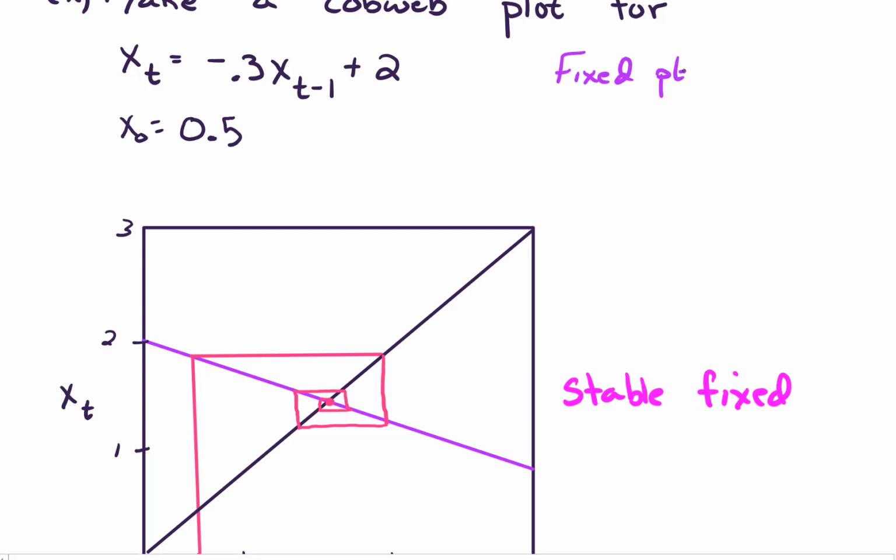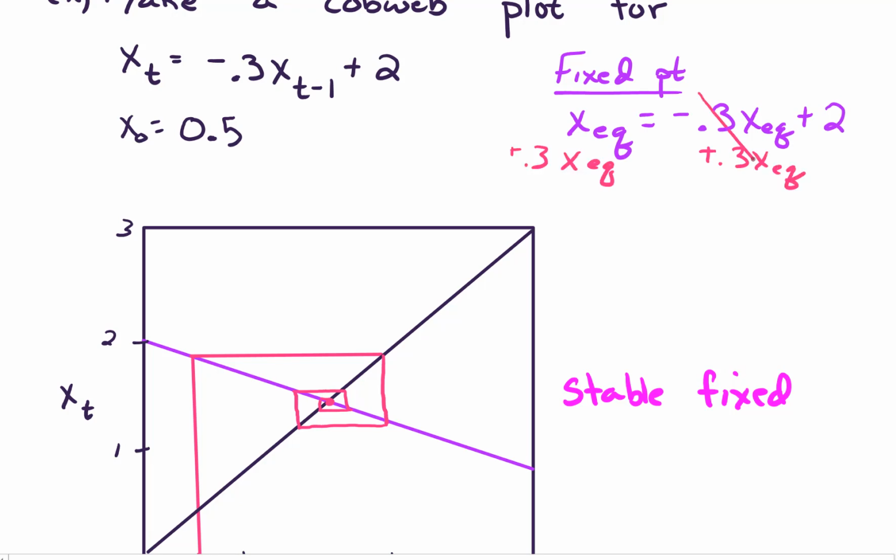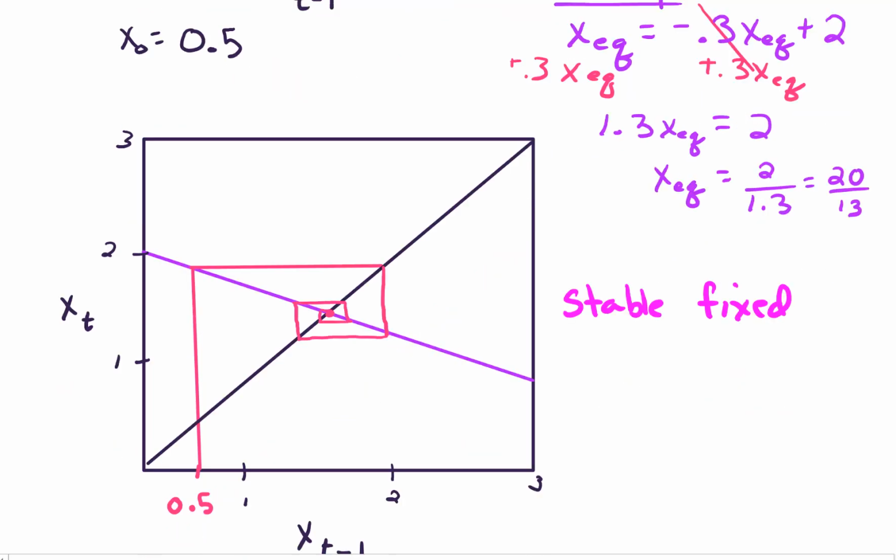Now, if you wanted to, you could also analytically find where the fixed points are. You could do a fixed point analysis, and from our previous video we learned that we would set x sub eq equal to negative 0.3 x sub eq plus 2. Adding 0.3 x sub eq to both sides, we find that on the left hand side we have 1.3 x sub eq equals 2, and solving for x sub eq we get 2 divided by 1.3, which equals 20 over 13, and we can see that exactly right here in the picture.